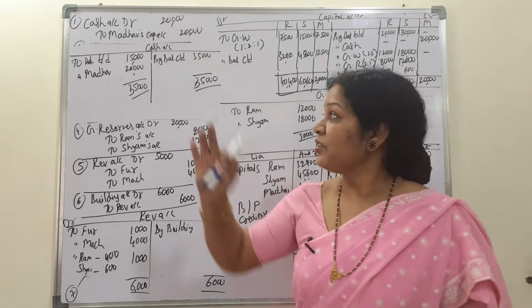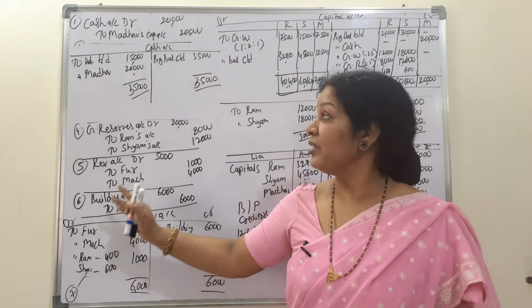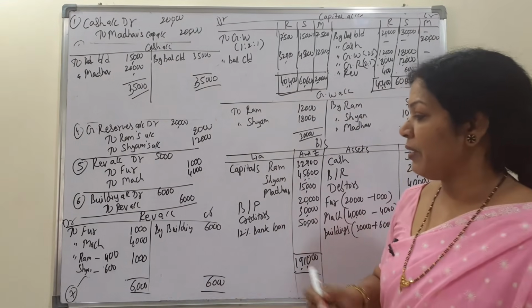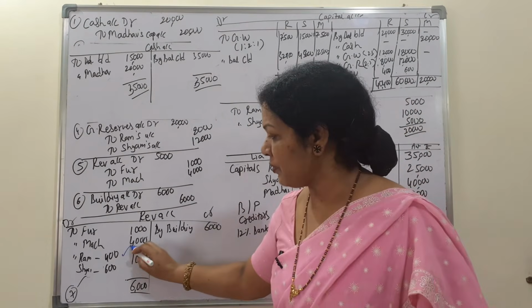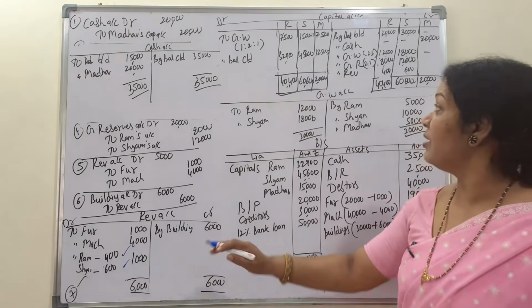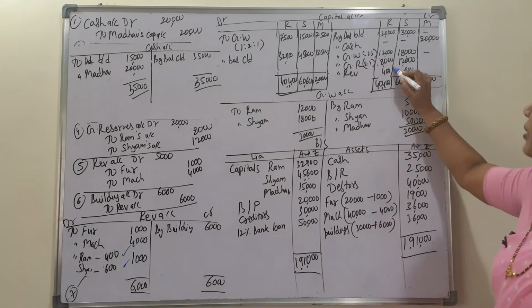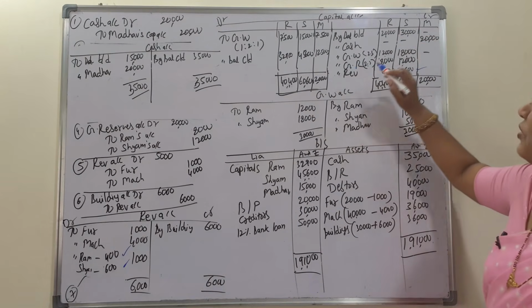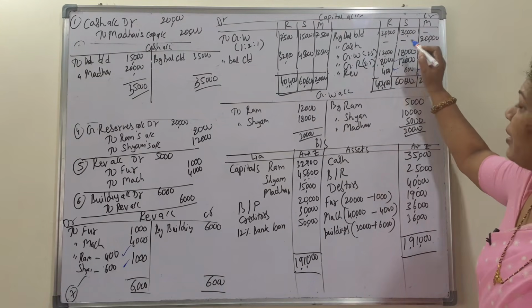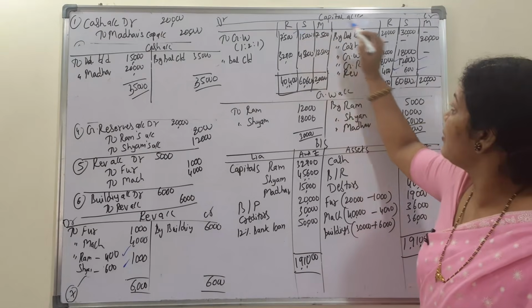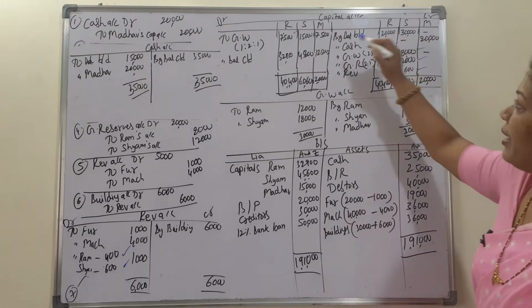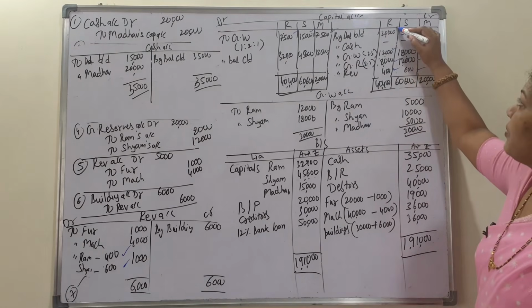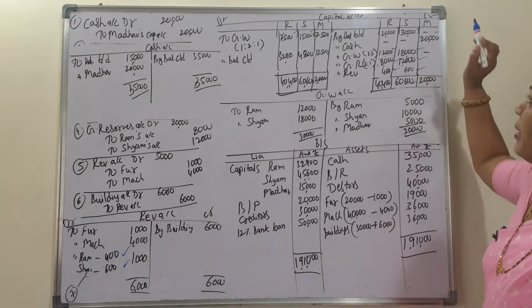Journal entries we have written first, then after that created revaluation account, and in the revaluation account you got a profit of this much, 400 and 600, transferred to 400 and 600. General reserve, from the balance sheet we have taken this one, and goodwill is created is this one, and written off this one. Opening balances of Ram, Shyam and Madhav, that's all.